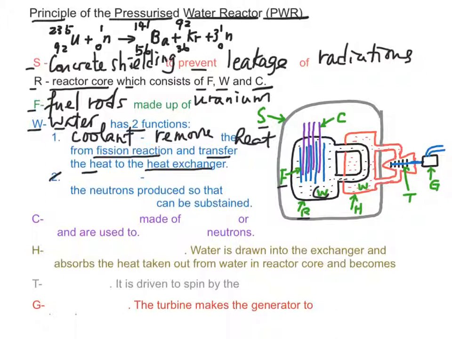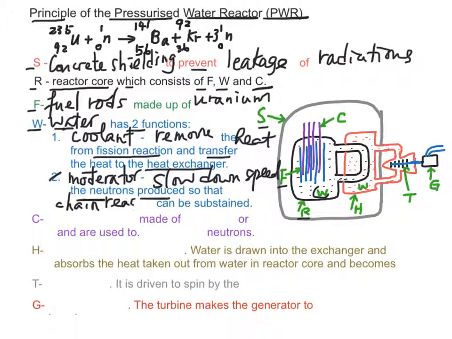Also, the water acts as a moderator, which is used to slow down the speed of the neutrons produced during fission so that the chain reaction can be sustained.